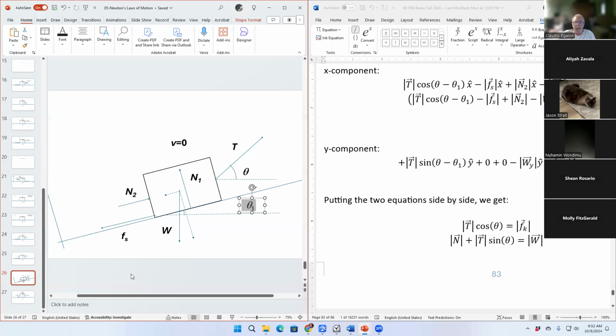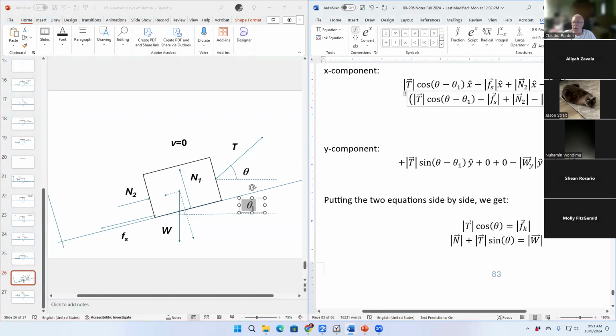And we want to get the x component of this weight, which should be W sine of theta 1. So I'm going to write that down here. The x component of the weight is W sine of theta 1.